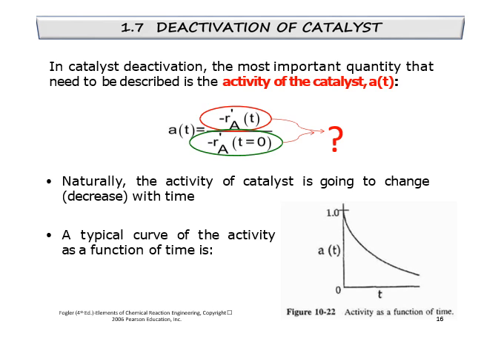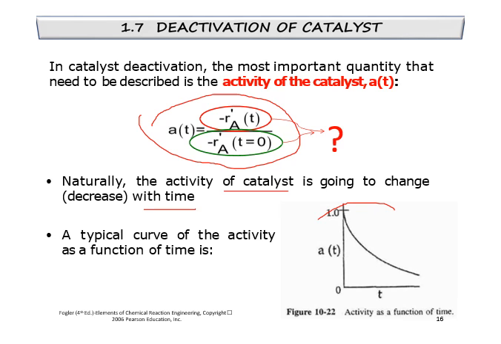Generally, the activity of the catalyst can be defined as the reaction rate of reactant A at time t over the reaction rate of reactant A at time 0, meaning the initial reaction rate. This is how the activity of one catalyst can be quantified. Naturally, the activity of catalyst will degrade with time.